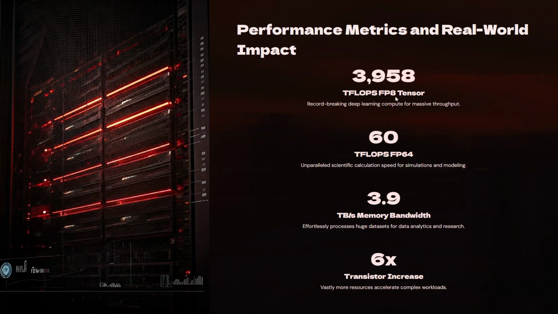So FP8 is the size of the tensor, and the encoding they use, FP64, is another type. On these types, it determines how fast the GPU can compute and calculate. Like I said before, it has a crazy memory bandwidth, and this is especially important for large payloads. And there's a 6 times transistor increase compared to the previous model.